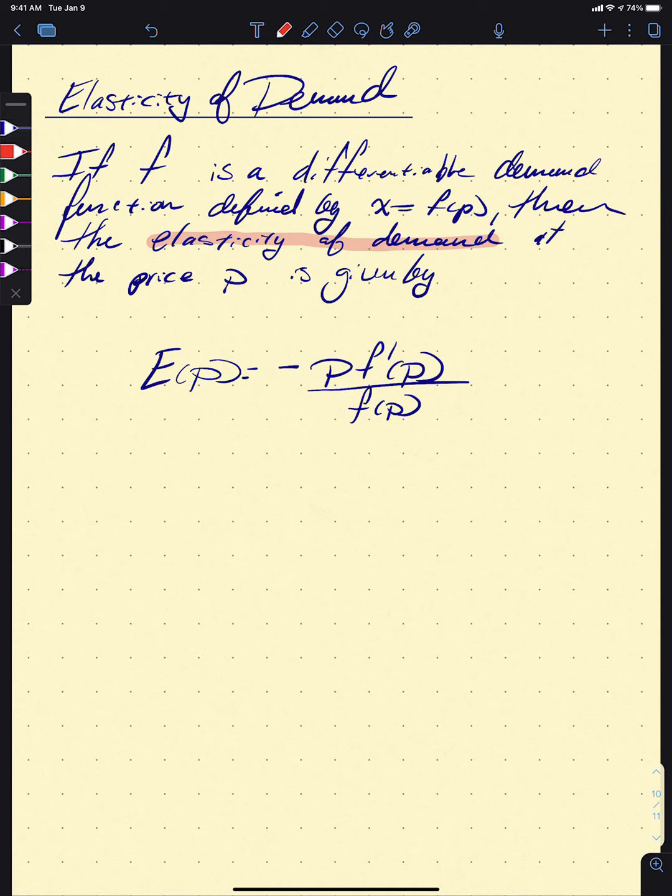Where this comes from is if you look at the percent rate of change of our demand function divided by the percent rate of change of our price, that's going to get you the negative of this guy.